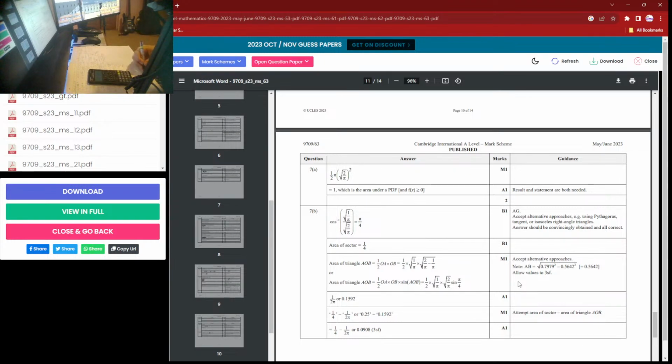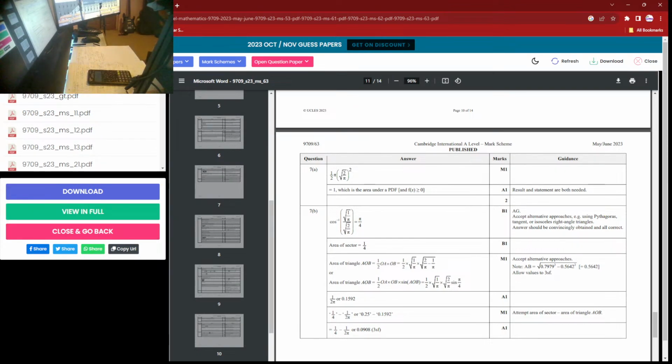Well, A is correct. For B, area of sector is 1/4. Alright. Area of triangle AOB is... Oh, okay. Area of triangle AOB is 0... Oh yeah, wait, I did get it. Yeah, 0.091. I knew I didn't do anything wrong.